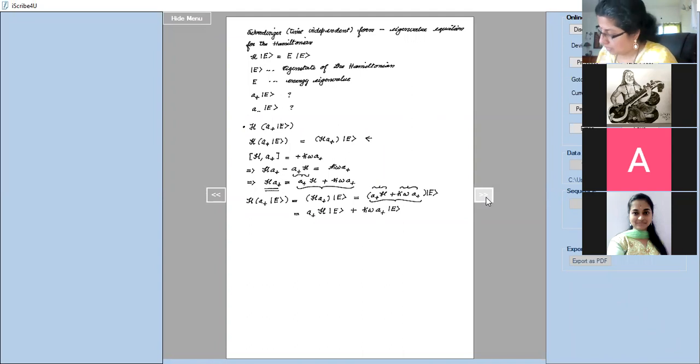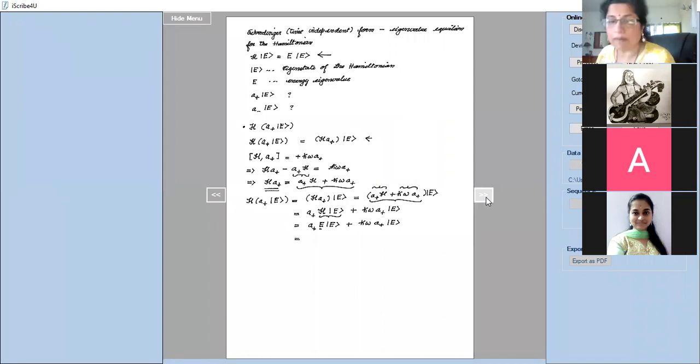Correct? Now, what is H acting on E? Please have a look at this equation here, right at the top of the page. I pointed an arrow to it. So I know that H acting on E, the Hamiltonian acting on E, will give me a number times that same eigenstate. And what is that number? It's nothing but the energy, right? So I will get A plus E times E plus H cross omega A plus E. Now let's rewrite it.